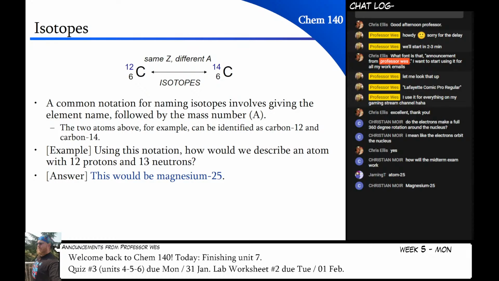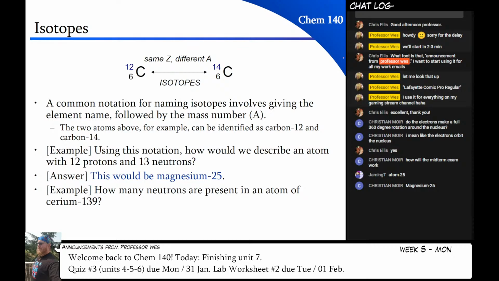And iodine 131 is quite reactive. It has a half-life of 8 days, which means that if I gave you a gram of iodine 131, after 8 days, half of it would have decayed into something else. And so this is generally used, this notation, when we're talking about radioactive isotopes.